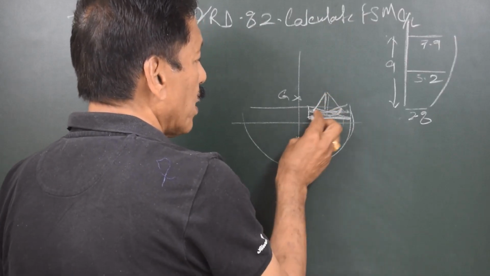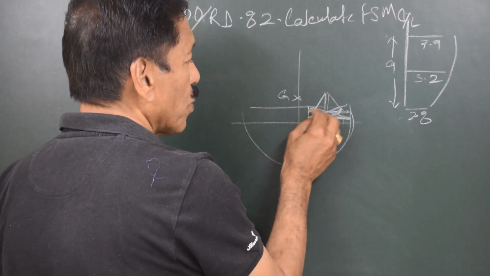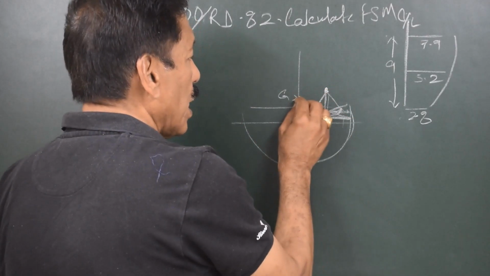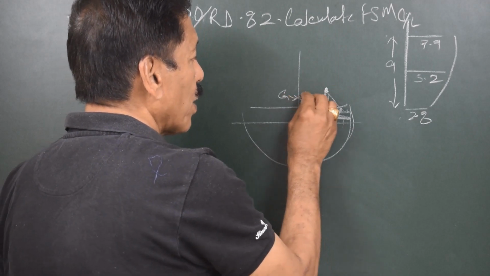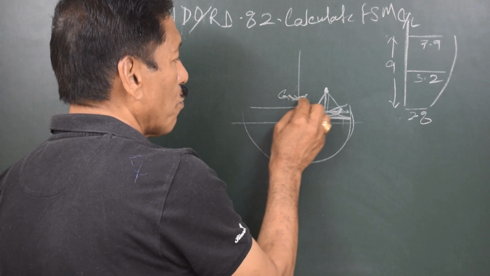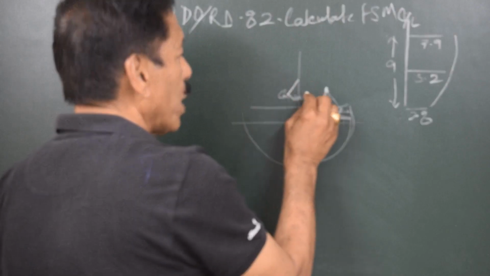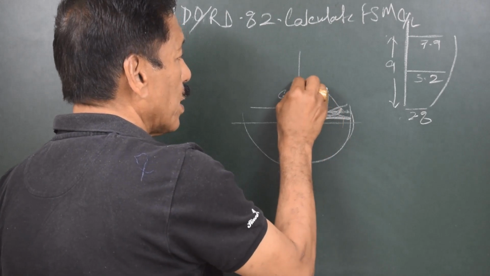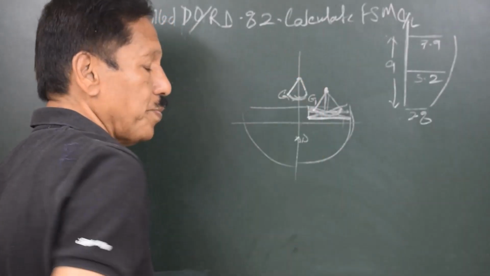The weight of this wedge is considered at this point, and it has a corresponding effect on the ship, whereby the center of gravity of the ship goes to and fro, as if the swinging point of the center of gravity is over here. This is the virtual rise of G.